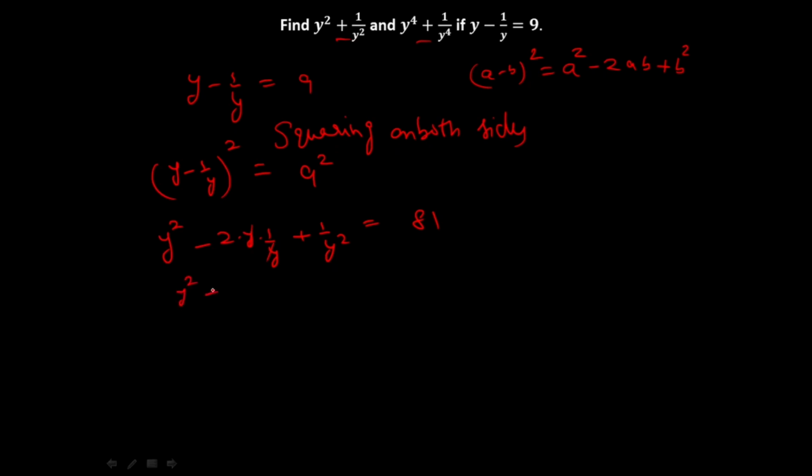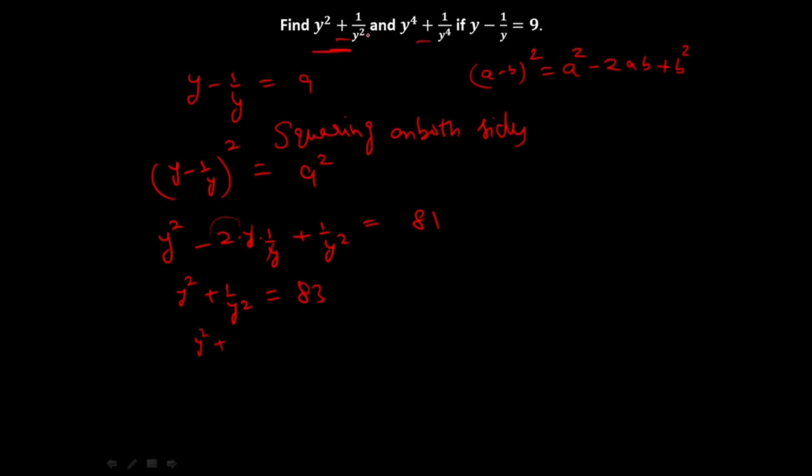So I will be getting y square plus 1 by y square equal to 83. Why so? Because if I take this negative 2 on that side, that becomes positive. Clear? Next value, again squaring on both sides. So y square, this value is done, I think, my first answer.